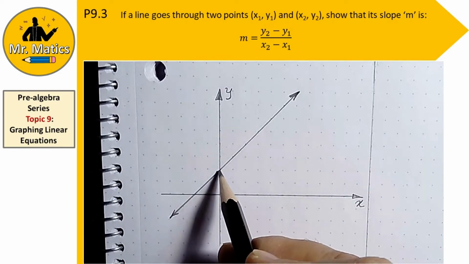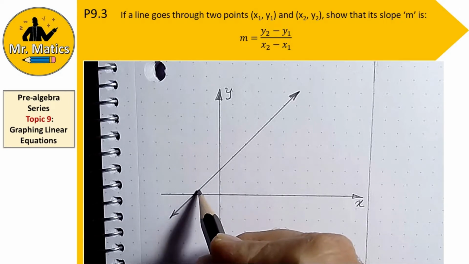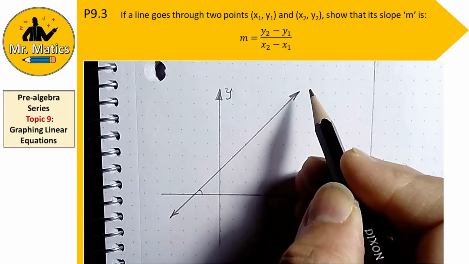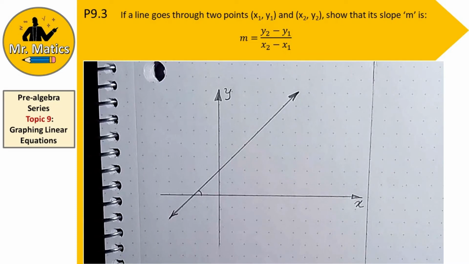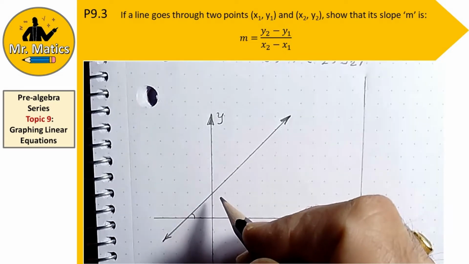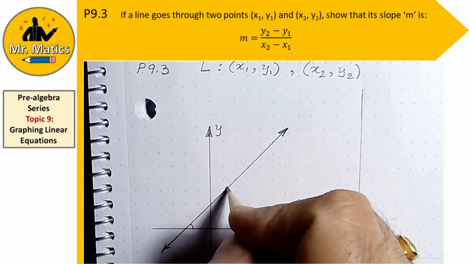Now this line has a slope, and the slope is this rise over run. So you can take any 2 points in this line, and you can get the rise and the run, and the ratio of rise and run is your slope. So we do not know exactly what x1 y1 and x2 y2 are, so we just note it down here.